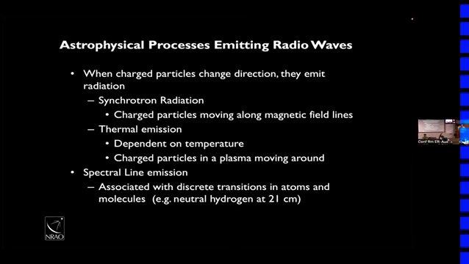Well, in order to be a comprehensible cosmic laboratory, we have to understand what processes give rise to these types of radiation. So basically, if you have a charged particle, an electron, and it moves in a curved path or in a straight path and is accelerating or decelerating, it's going to radiate. And so anything that you can do to change the path of an electron is going to make it radiate.